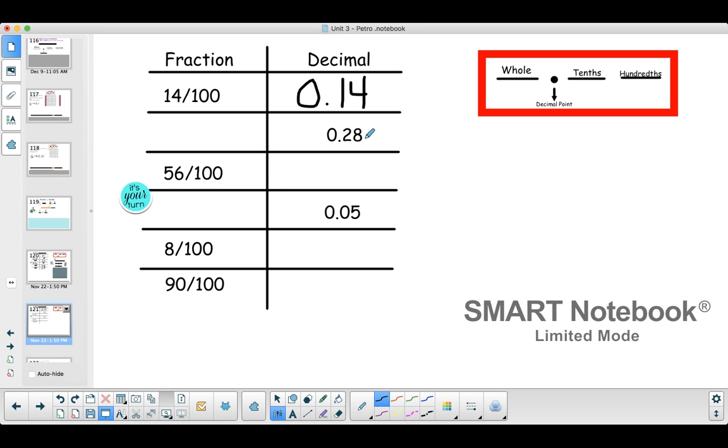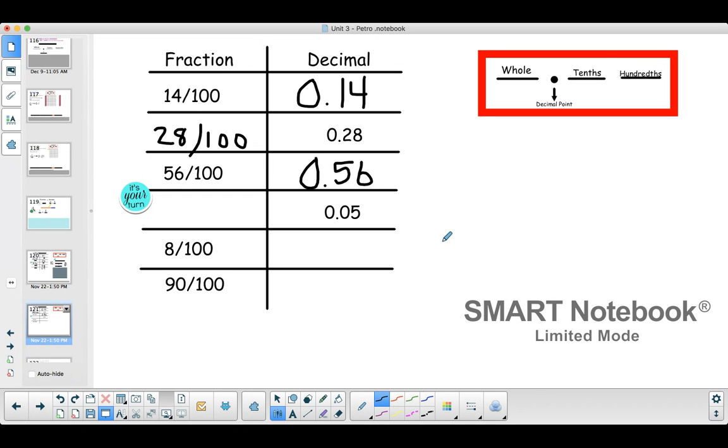Now 28/100ths would be written as 28 over 100. 56/100ths would be written as 0, and I have 5/10 and 6/100ths. 0 and 56 hundredths.